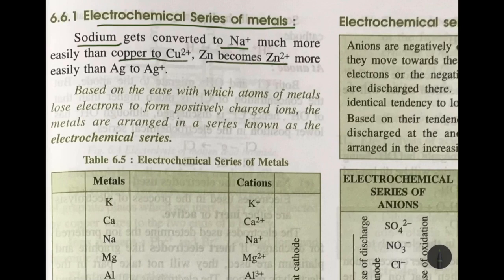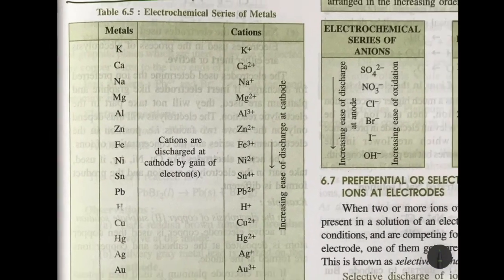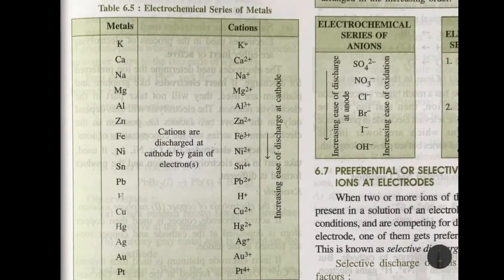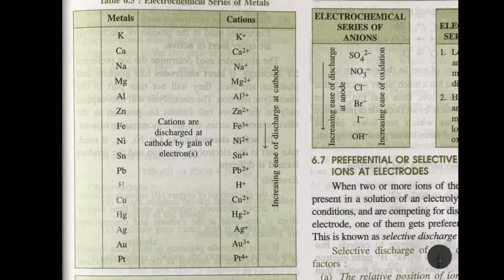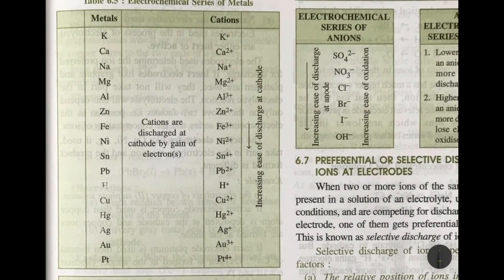Zinc becomes zinc ion more easily than silver to silver ion. So based on how easily atoms of metals lose electrons to form positive ions, the metals are arranged in a series which is known as the electrochemical series of metals. So here you see, this is the electrochemical series of metals.